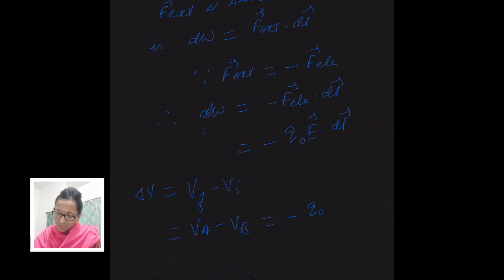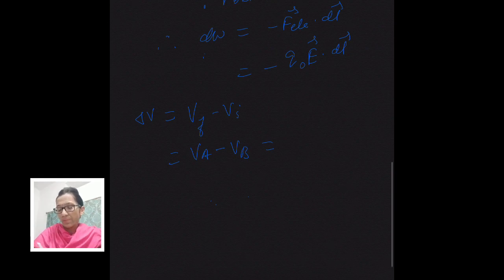Let us include one more thing: this change in potential is equal to the change in potential energy per unit test charge, and this is equal to work done per unit charge.